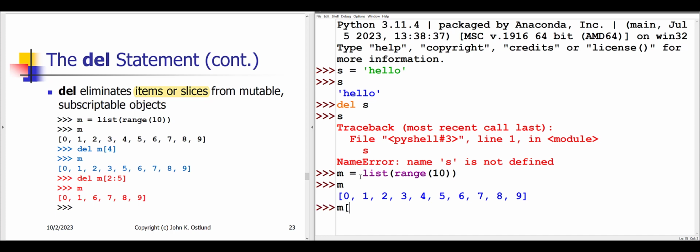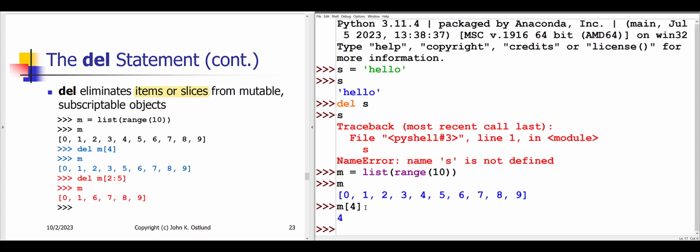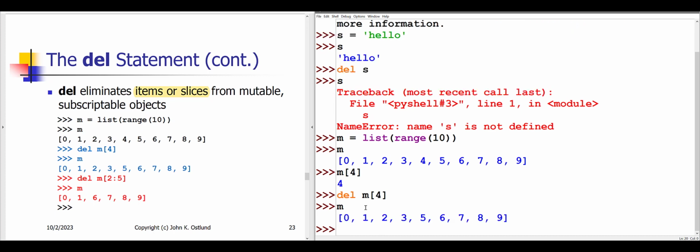M sub 4, of course, is the sub 4 item, 0, 1, 2, 3, so not very clever. The value of m sub 4 is the value 4 in this case because of the range. I can delete that particular item out of m, and what I have left is the remaining 9 items.